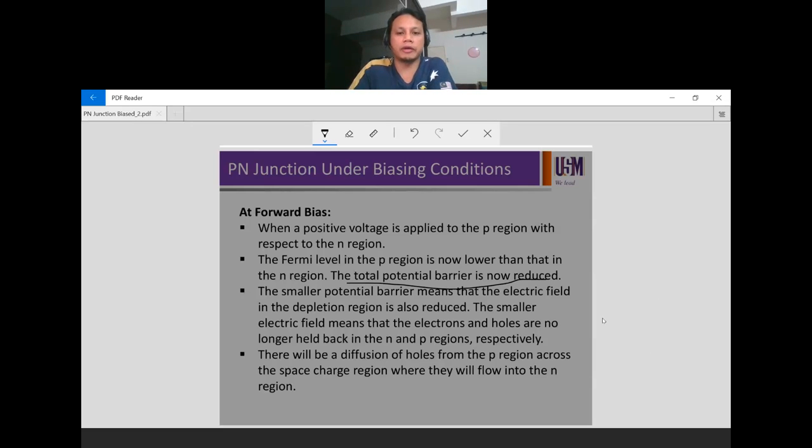A smaller potential barrier means that the electric field in the depletion region is also reduced. The smaller field means electrons and holes are no longer held back in the N and P regions respectively. They can start diffusing again. So there will be a diffusion of holes from P to N across the space charge region, and the opposite is also true.